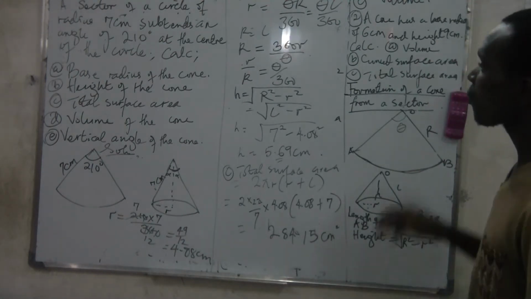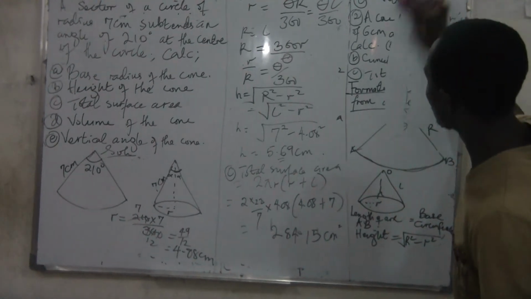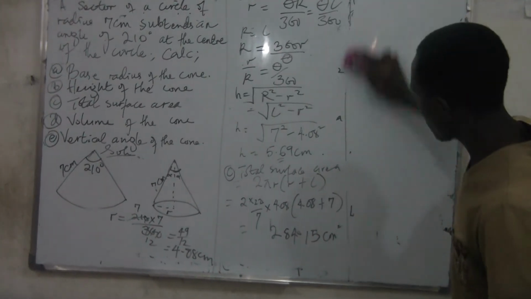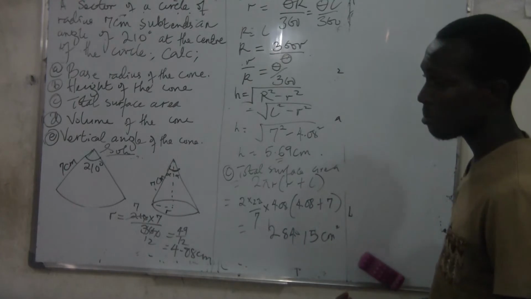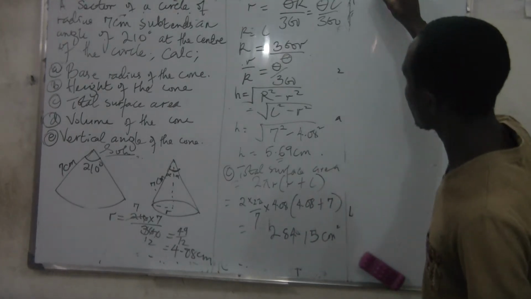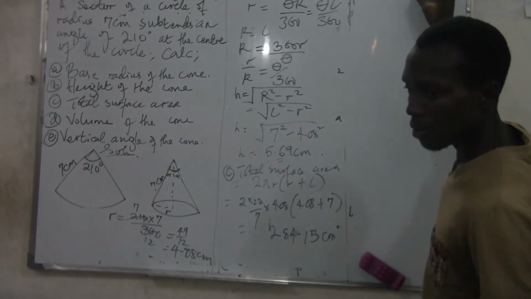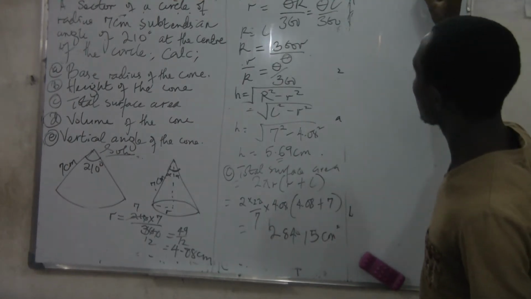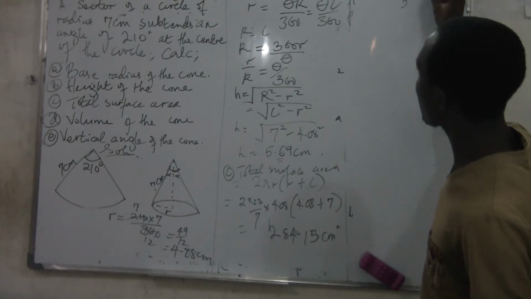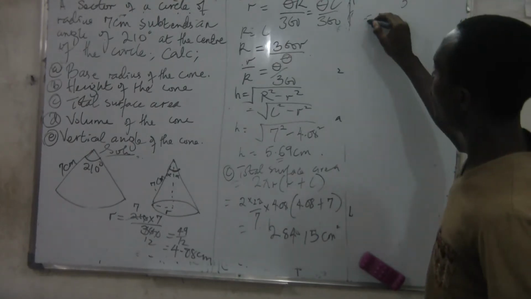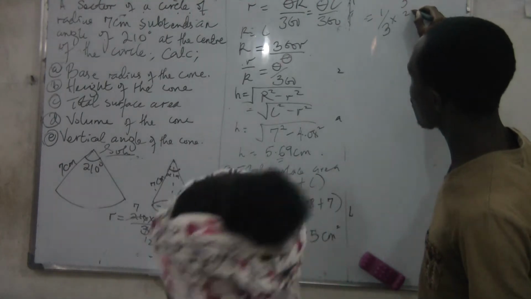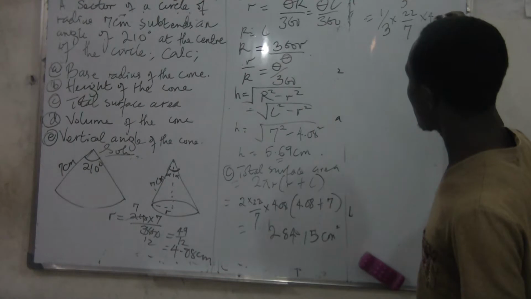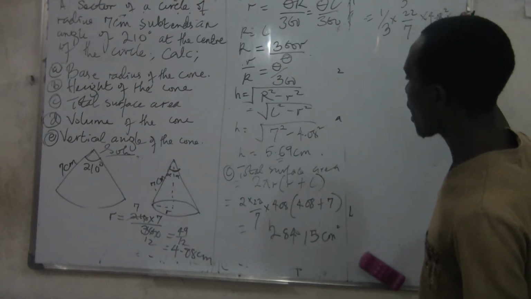The next part, we're asked to find the volume of the cone. We said that the volume of the cone is equal to what? Who can remind me? One third pi r squared h. That will give us 1/3 times 22/7 times r, which is 4.08 squared, times the height.